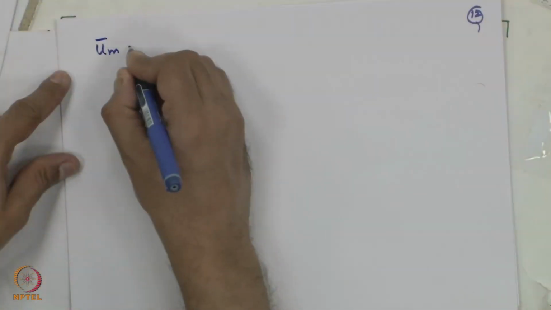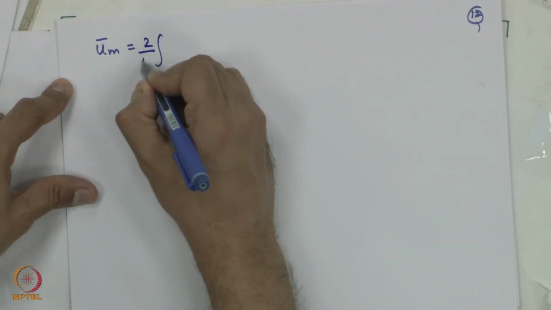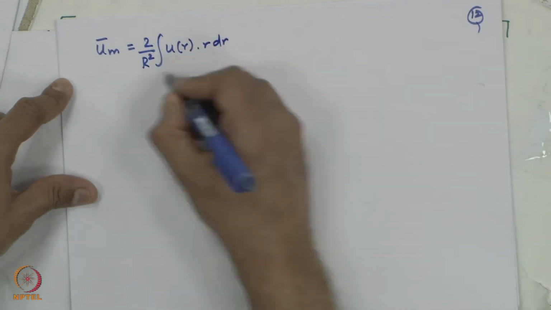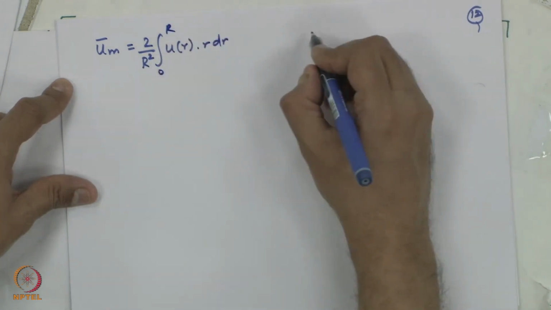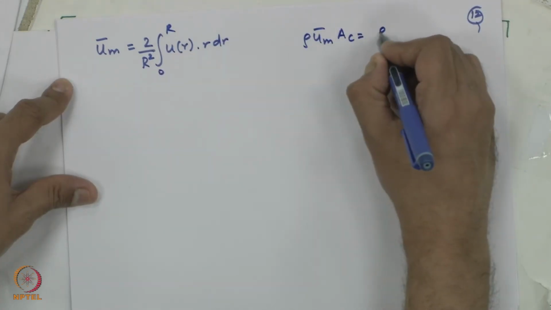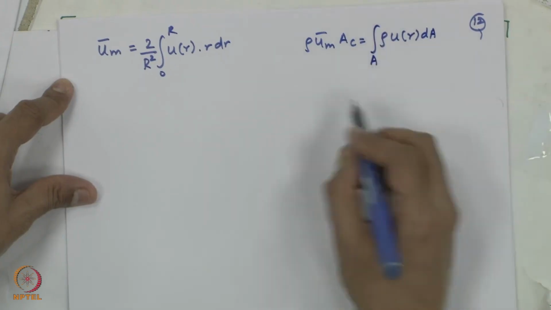Now, we are left with getting the average or mean velocity. U mean is equal to integration 2 by R squared u of r r dr. Where does this come from? This comes from mass conservation: rho u bulk mean A cross section is equal to integral of rho u of r dA over the area.